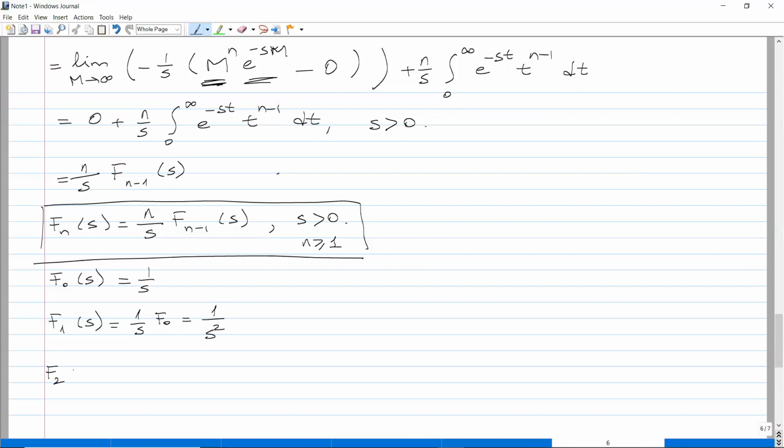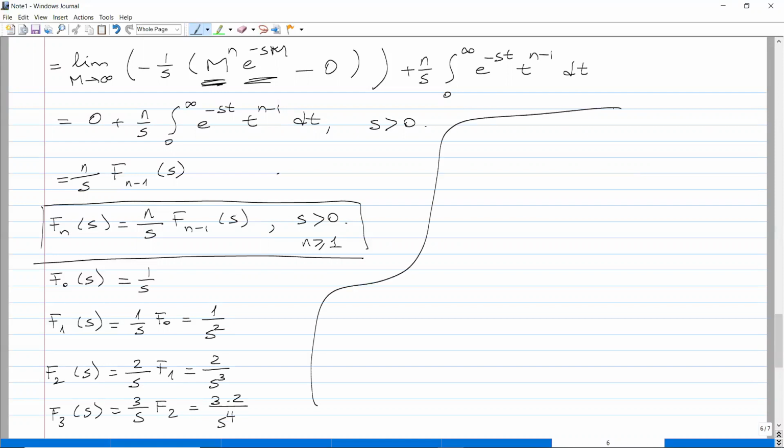F sub 2 is 2 over s times f sub 1, so 2 over s cubed. F sub 3 is 3 over s times f sub 2, so 3 times 2 over s to the 4. If you keep going like this, you get f sub n is n factorial over s to the power n plus 1.